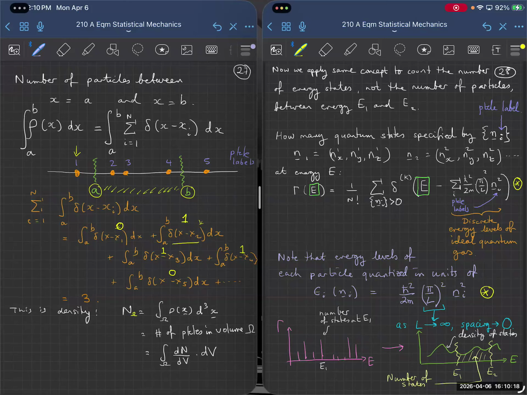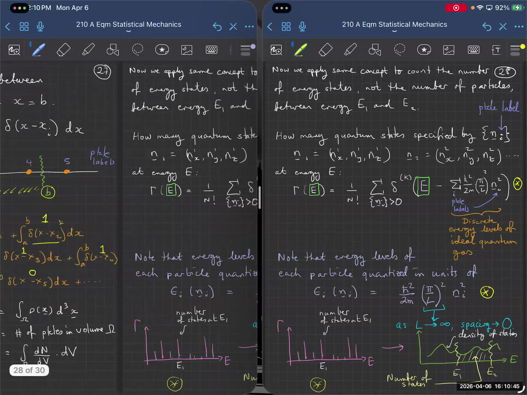So on the left-hand side I have discrete states, but on the right, as L goes to infinity, that spacing goes to zero. And now the picture on the left turns more into the picture I've shown on the right, where I have a density of states, but now not over space, but over energy. And so that is the density of states in energy.